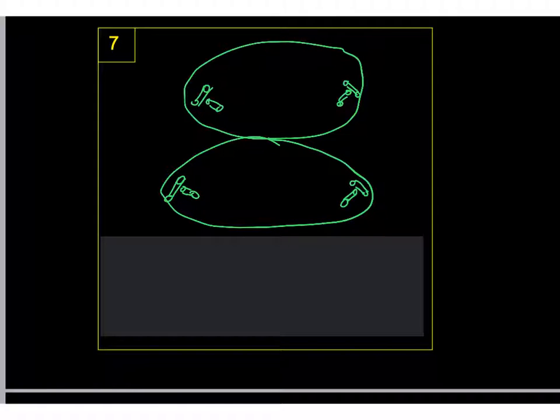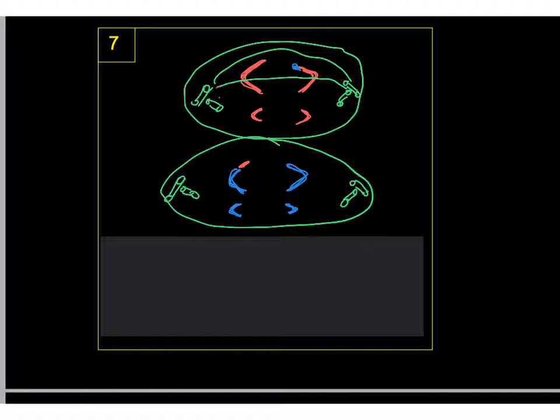And I'm going to now have my sister chromatids separating. Again, this should look very similar to mitosis. And the reason why they're separating, of course, is the activity of that spindle apparatus.